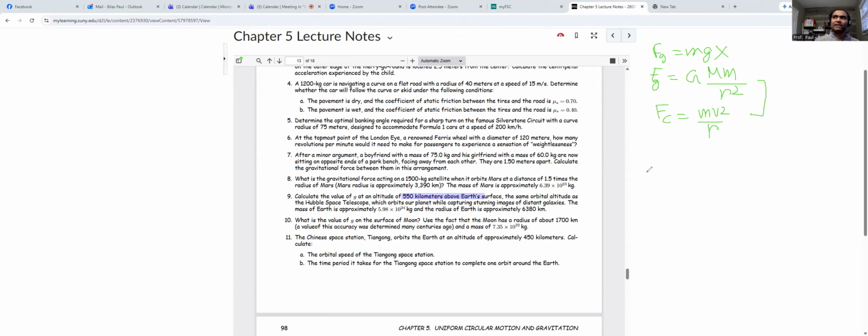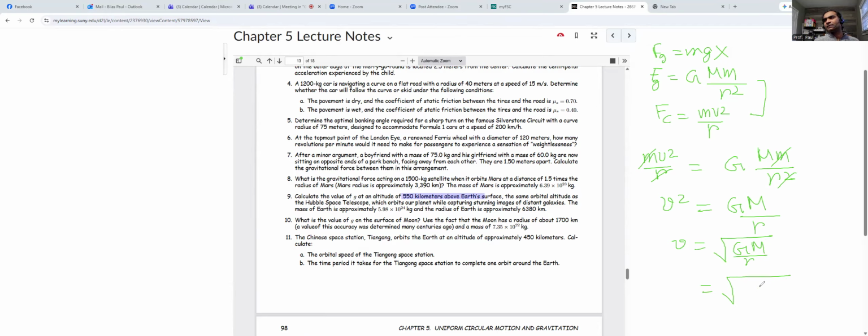The physical force here is the gravitational force, and this acts as a centripetal force, so we can equate these two equations. We can write m v squared over r equal to G M m over r squared. Again m and m cancel out, and one of the r cancels out. So v squared is equal to G M over r, or v equals the square root of G M over r.